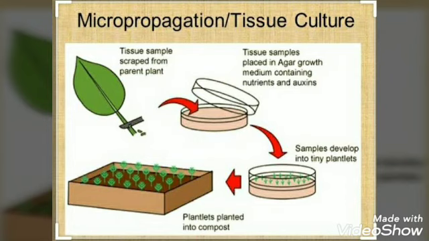The tissue forms a mass of cells called callus, which is transferred to another medium containing hormones. After this, these tissue samples will grow into tiny plantlets which will be transferred into the soil.